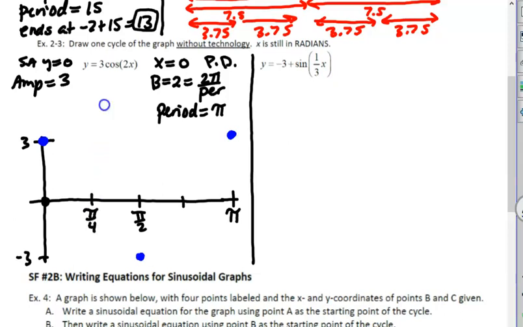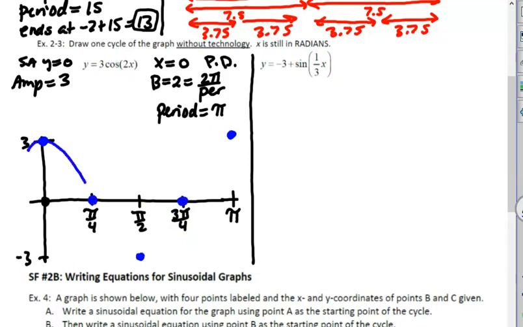Halfway between pi over 2 and pi is 3 pi over 4. I could have also written this as 0.5 pi, 0.25 pi, and 0.75 pi, and that would have been all right as well. So these 2 points are the key points on the sinusoidal axis.